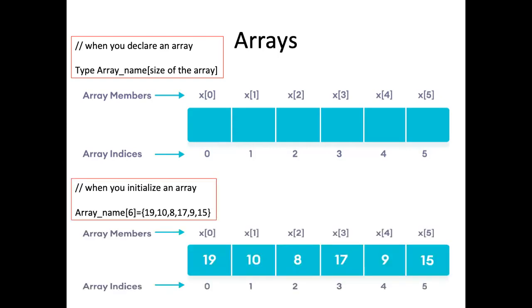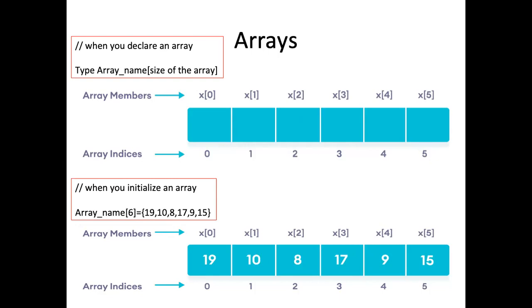And then comes the initialization part. So if you want to store the scores of a particular student of six different subjects, let's say, then you can use the initialization of an array by putting an assignment sign after the array name and the size of the array, followed by curly brackets within which comma separated entries could actually be written.